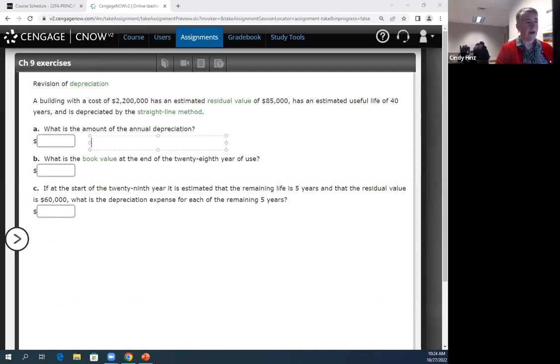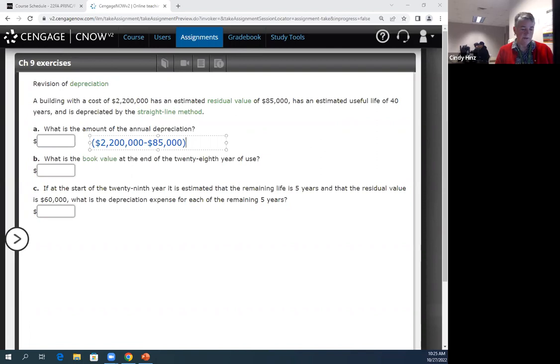Remember, we do have that page of formulas and terms in the reference materials folder in Brightspace as well. That's where this formula would come from. And so to calculate straight line depreciation, we take the original or historical cost, subtract from that the estimated residual value, and that difference is called the depreciable cost.